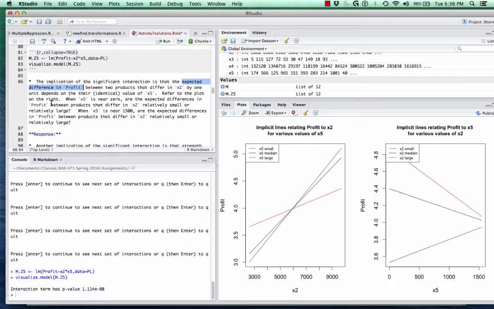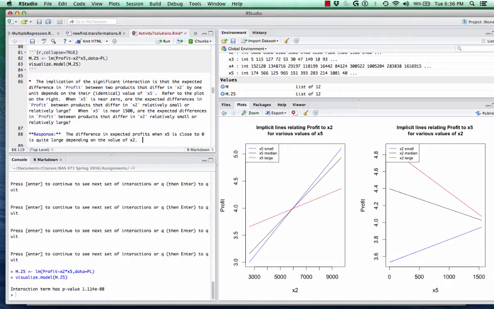So the expected differences in profit between products that differ in x2 are really quite big.